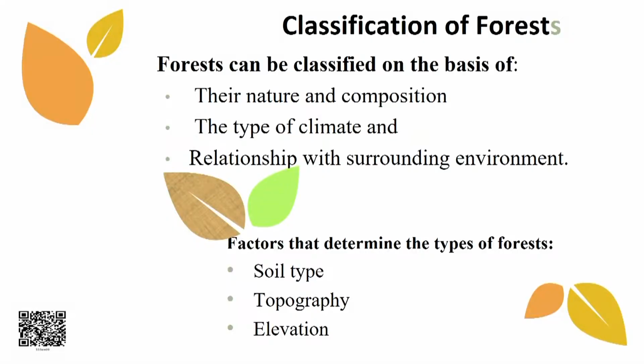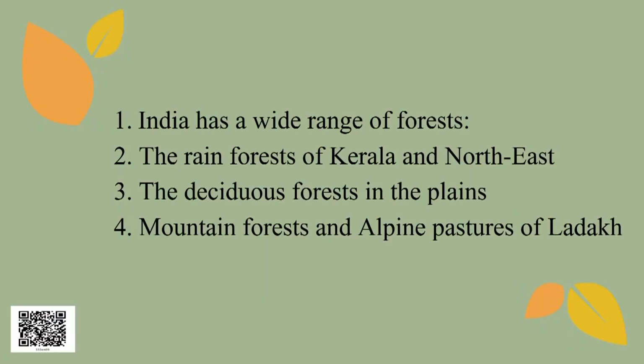We can classify forests on the basis of their nature and composition, type of climate and relationship with the surrounding environment, and there are several factors that determine the types of forests, that is soil type, topography and elevation. We know India has vast varieties of forests. It can be rainforest of Kerala and the northeast, deciduous forest in the plains, and mountain forest and alpine pastures of Ladakh.